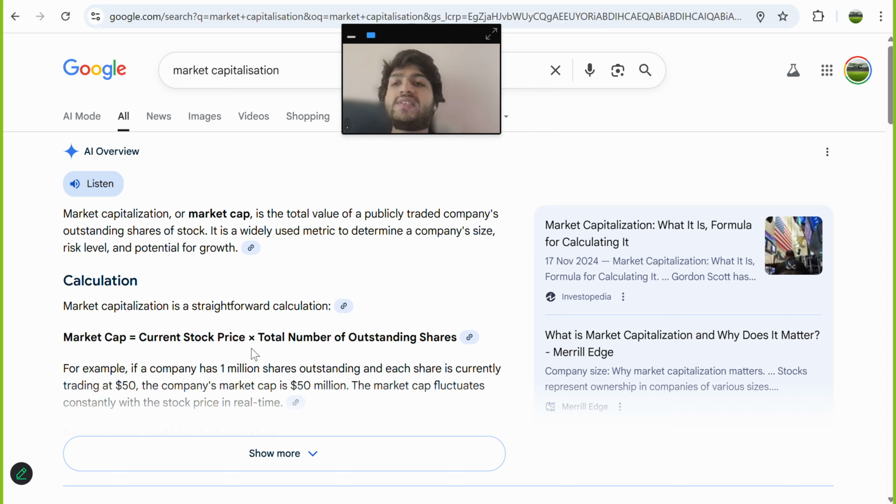To determine the company's size, risk level, and potential for growth. How is the market capitalization or total outstanding shares value calculated? That is, current stock price multiplied by the total outstanding number of shares is the market cap.